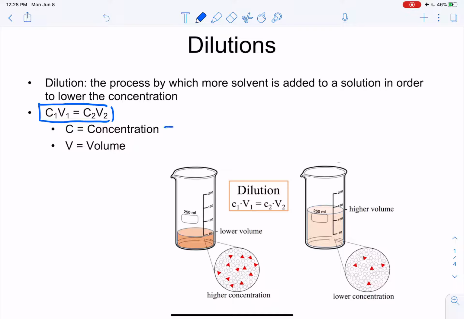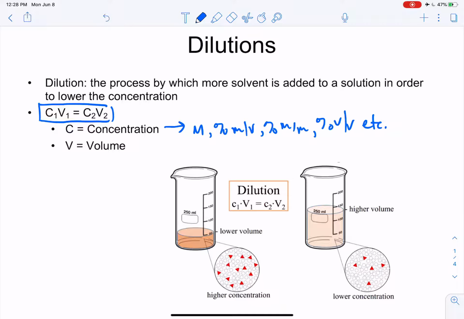Now, the concentration can be in any of the concentration units that we've talked about so far. We can have molarity, percent M over V, percent M over M, percent V over V, etc. And if we look at this equation, we can see that one side of the equation needs to equal the other side of the equation.